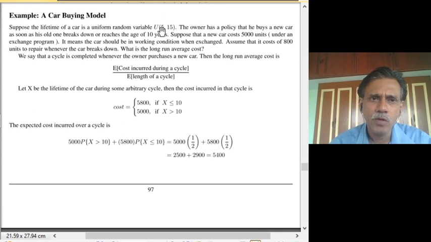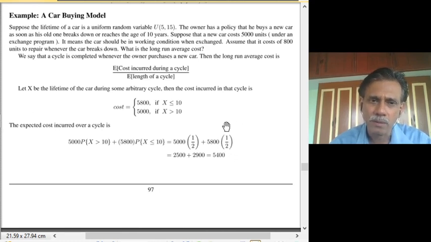You can see that it is uniform between 5 and 10, so the CDF at 10 is 10 minus 5 divided by 15 minus 5, which is 1 by 2.